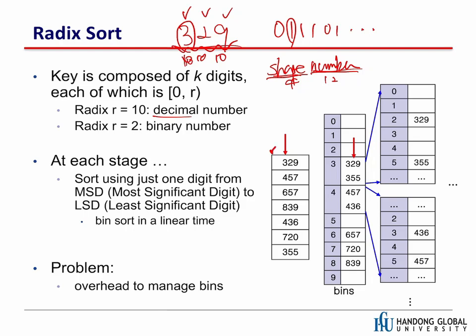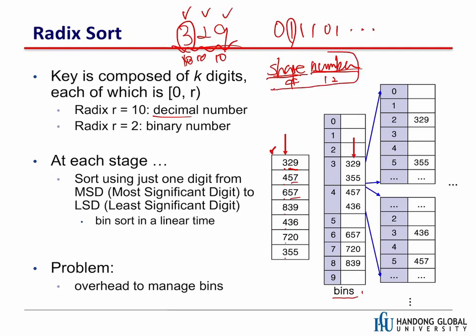So let's try this example. We have some numbers here. First we use the most significant digit, which is the first digit. Look at this, 3, 4, 6, 8, 4, 7, 3. With this digit, we don't care about the next 2 digits. We focus on the first digit, and we distribute all the numbers into the bins.